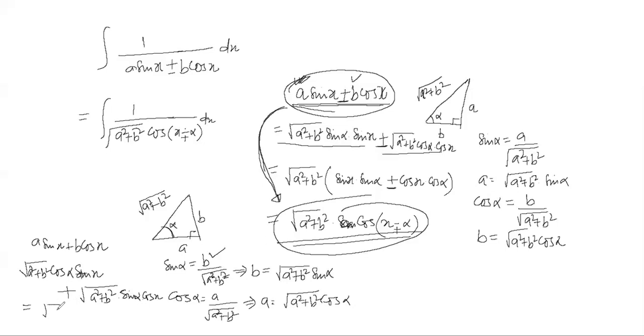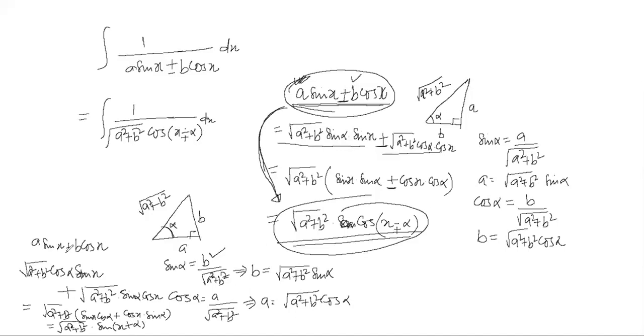After taking common from both terms, we get root under a square plus b square times sin x cos alpha plus cos x sin alpha, which equals root under a square plus b square into sin of x plus alpha.